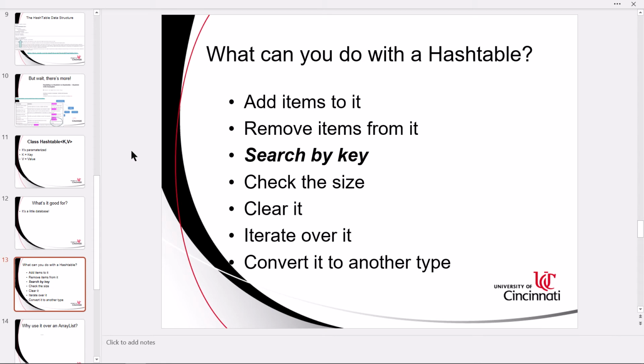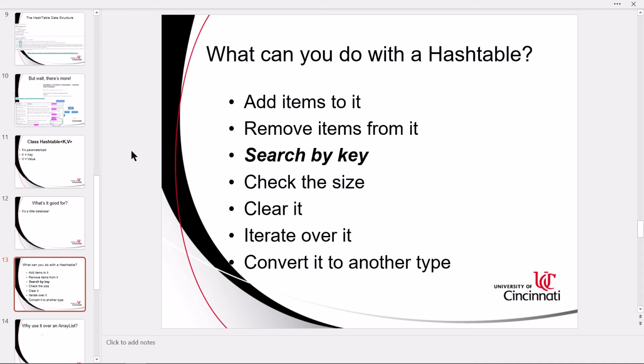When we study a data type, we study it from the perspective of speed and performance and memory use, but we also study it from the perspective of what can we do with it. Does it meet your needs functionally? We have to be able to add things to it, remove things from it. Can we search by key? What's the use of having a key if you can't search by it? Can we see how big it is? Can we erase all the elements in it? Can we iterate through it? Can I start from the first element and go through all the elements one at a time to do something with each element?